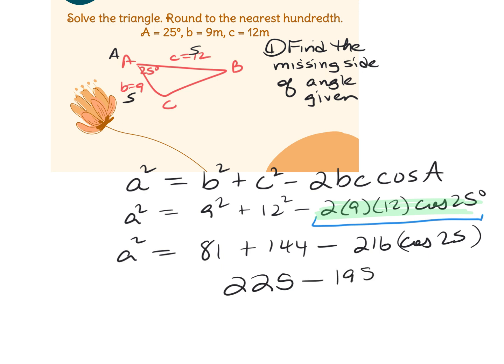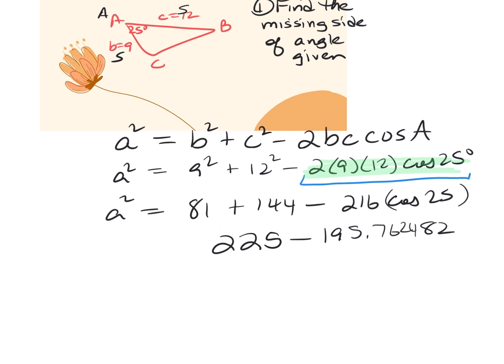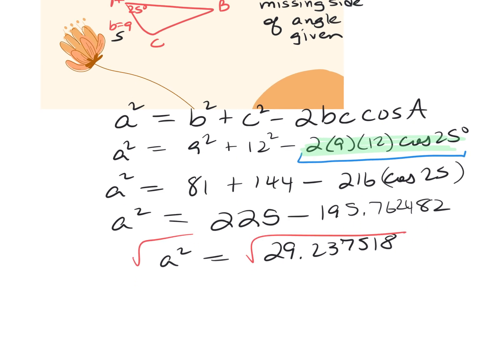This is going to give you 195.762482. Once you subtract it, you're going to get 29.237518. I don't want A squared, I want A, so I got to square root that.